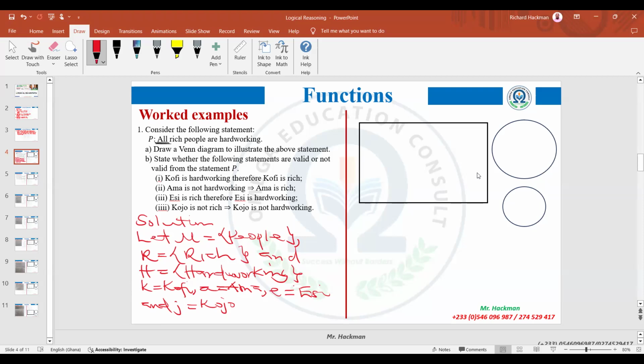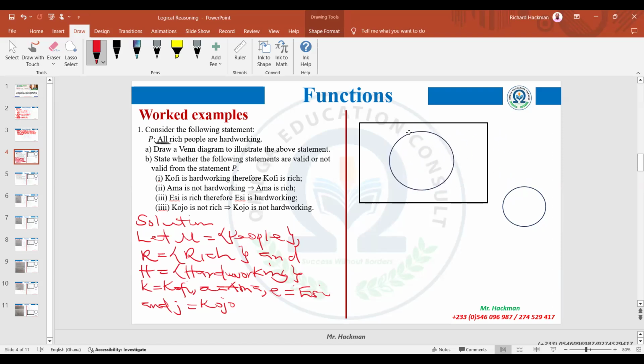So now let's see how best we can draw. You know that for a Venn diagram, usually we have to draw or indicate our rectangle. So our rectangle is already indicated. We have 2 sets. Now I'm going to draw my first set.